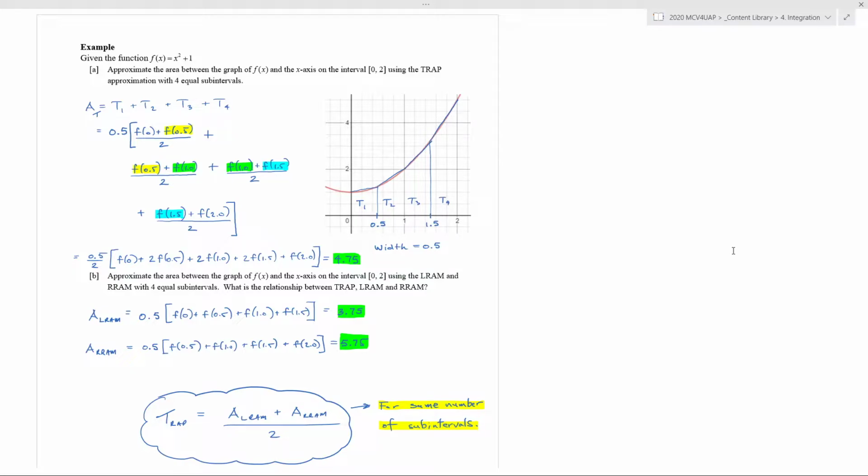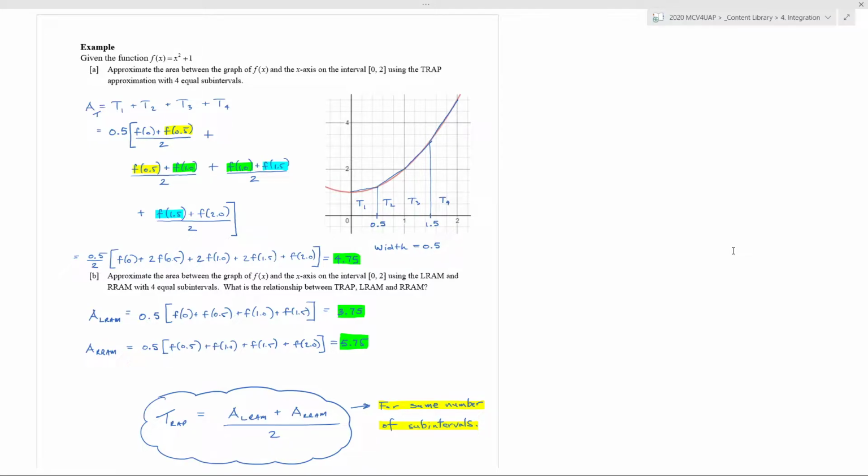And so our area approximation would be the area of trapezoid 1 plus the area of trapezoid 2 plus the area of trapezoid 3 plus the area of trapezoid 4. So we're accumulating area as we move from left to right.